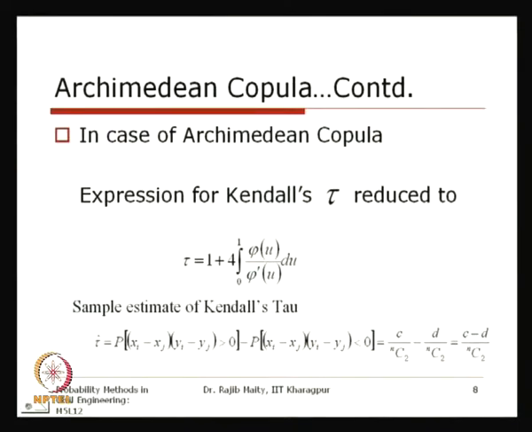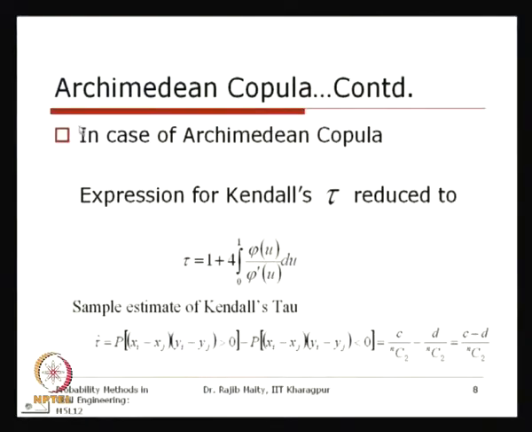Earlier, the expression that we have seen is the general expression for any copula, and from there, depending on the special properties that a class has, we can reduce that relationship to some other, easier mathematical form. So, here is the example for the Archimedean copula.